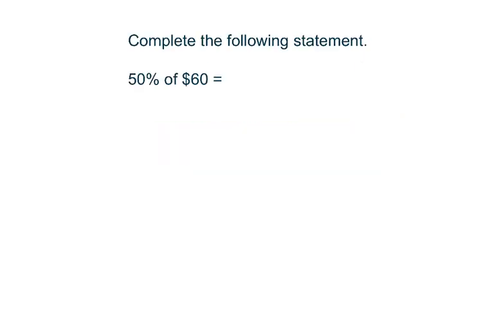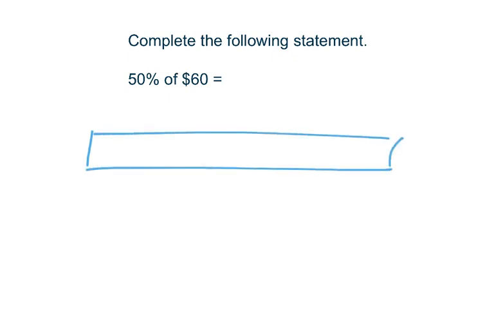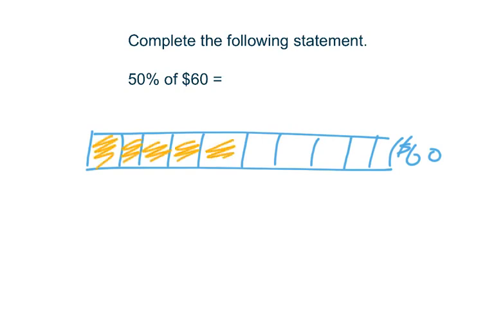It says complete the following statement, 50% of $60. Well, we could do a bar diagram or a tape diagram like we've done. Cut them all up. We know that the total is $60 over here, and we need to take half of the boxes.